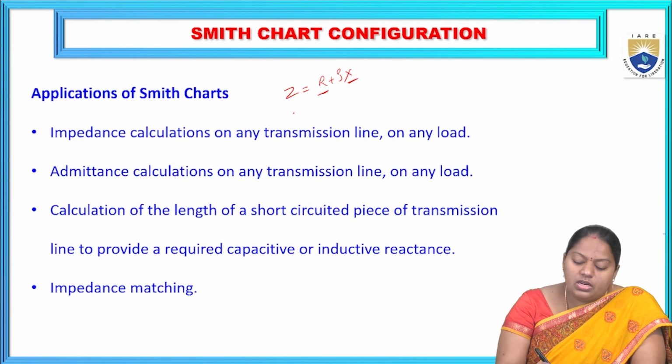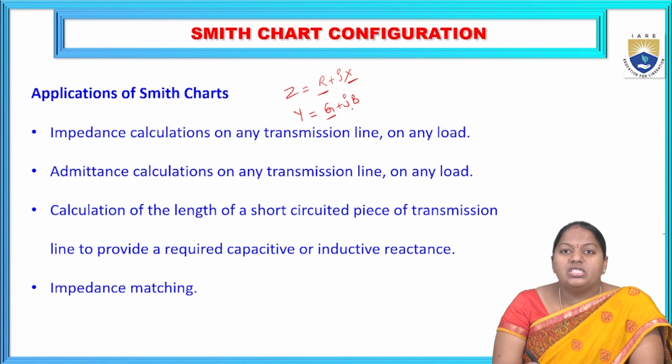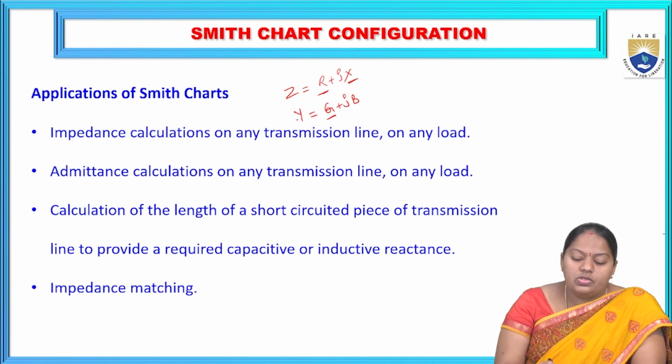Admittance is generally denoted with Y and consists of G plus jB, where G is the real part, the conductance, and B is the imaginary part, the susceptance. To calculate this conductance and susceptance we need the admittance chart. If you use the admittance chart in place of the impedance chart, those charts are called Y charts.